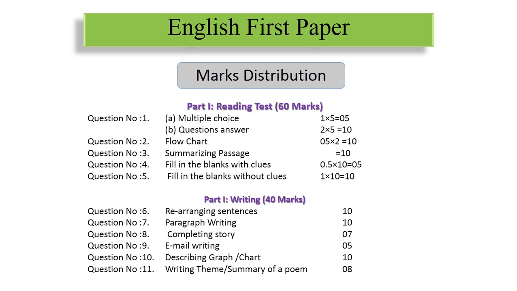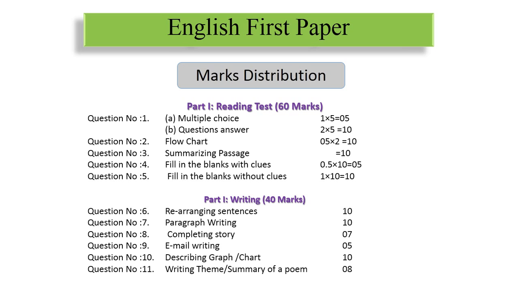Question number 2. Flowchart. This is a very new thing for you. There will be 5 points to be written. You will have to write down 5 points in boxes.